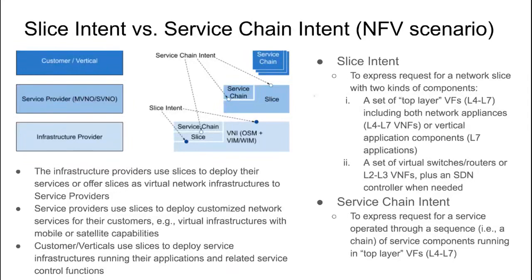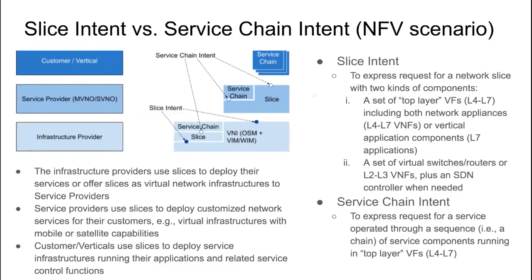Then a set of virtual switches and routers, so layer 2, layer 3 virtual network functions, in combination with an SDN controller. So these are the main components of what we mean by slice intent.